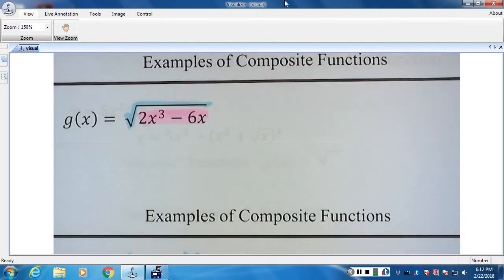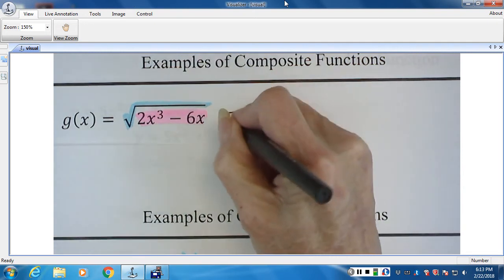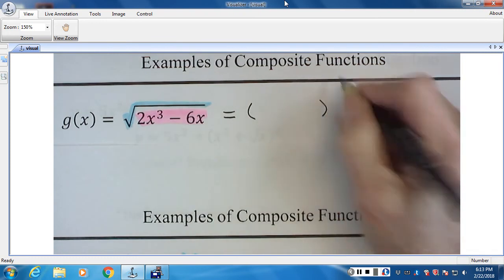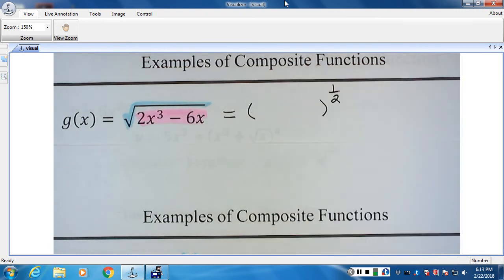Now, I'll just tell you right up front, in order to take a derivative of that, we would have to change the outside function to a 1/2 power, because we don't have any rules for radicals. But if we change the radicals to powers, then we have all kinds of rules we can use.